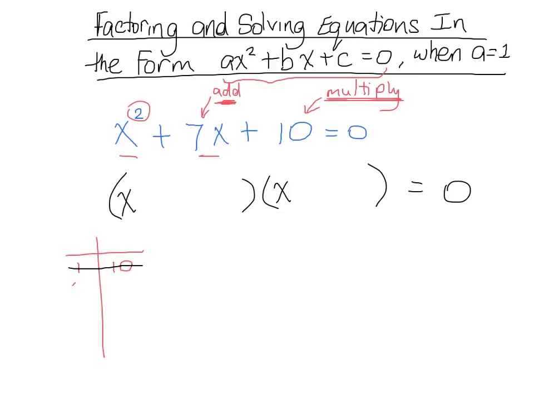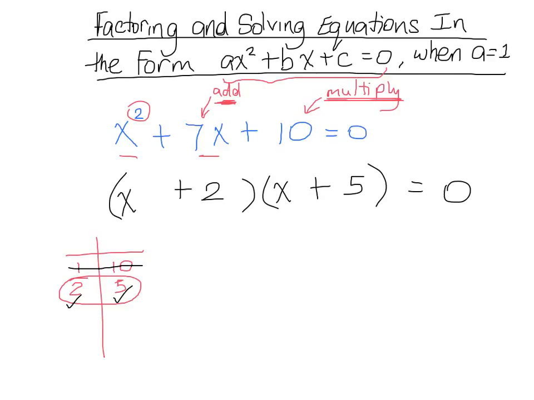Then go up the list to 2, and 2 matches with 5, because those two numbers multiply to get 10. And when you check if they add to get 7, they do. 2 and 5 do give you 7 when you add them up. So those are the two numbers we're looking for. In our parentheses, we would have plus 2 and plus 5.